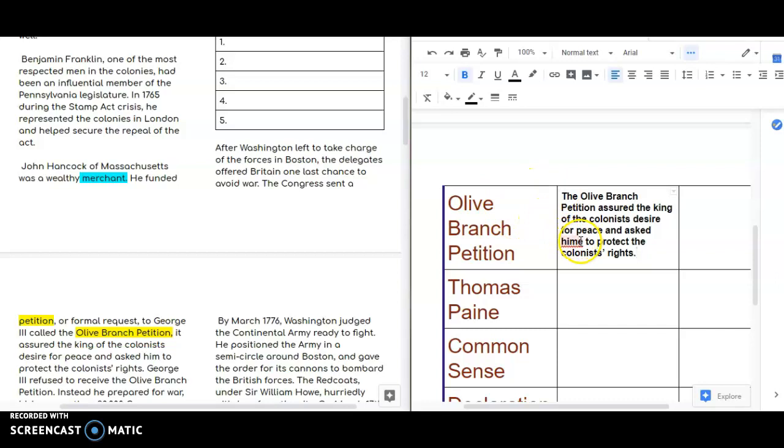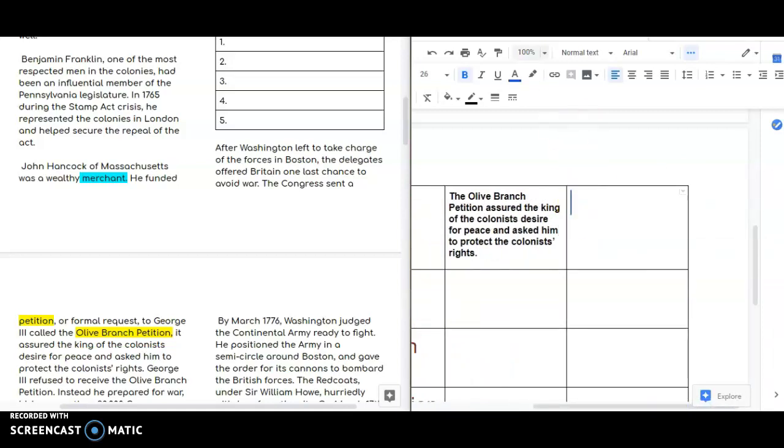Okay, so the olive branch petition, if I had to guess, would be a letter to the king that told the king that the colonists wanted peace, and they also wanted the king to protect their rights.